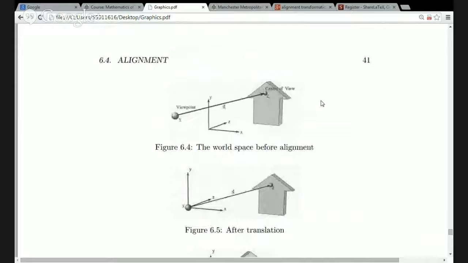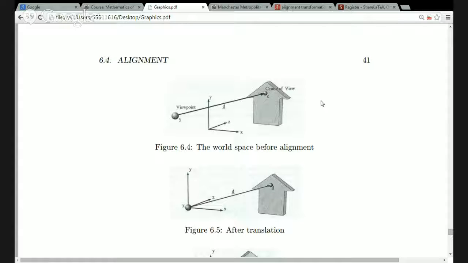So prior to any transformations, you just have the virtual environment. This arrow thing is somewhere in the environment. Somewhere there's a viewpoint V, and somewhere there's a center of view, C. C is maybe attached to that arrow object, but it could be any point in the environment.